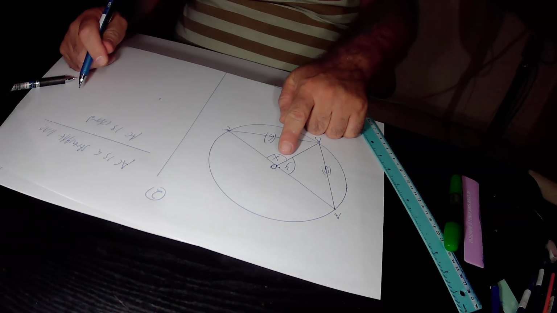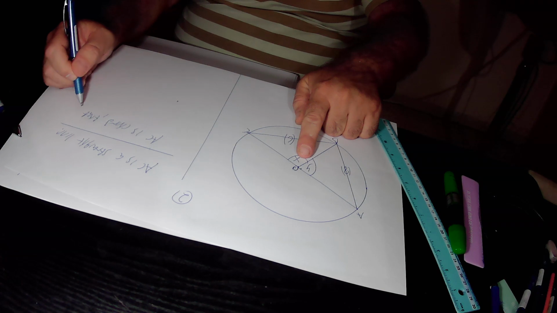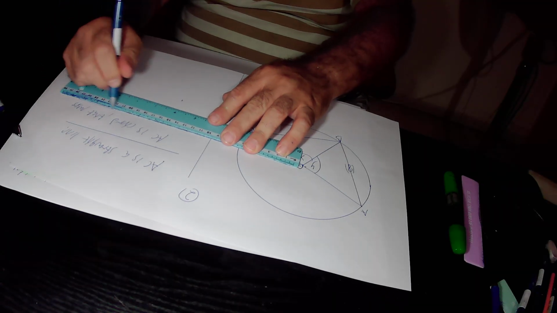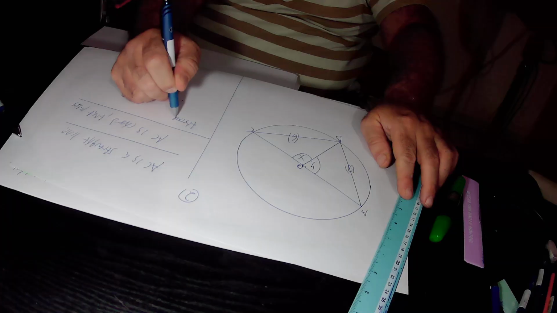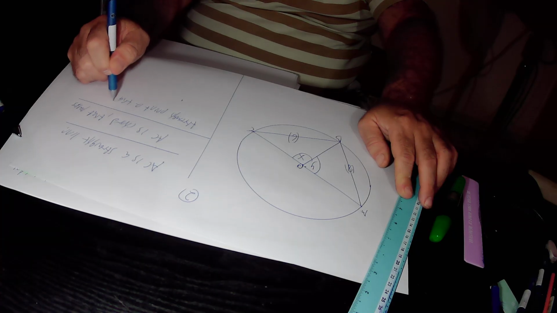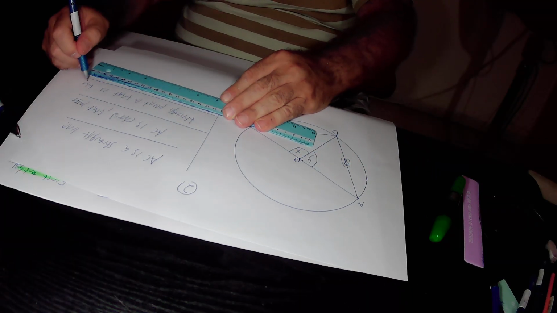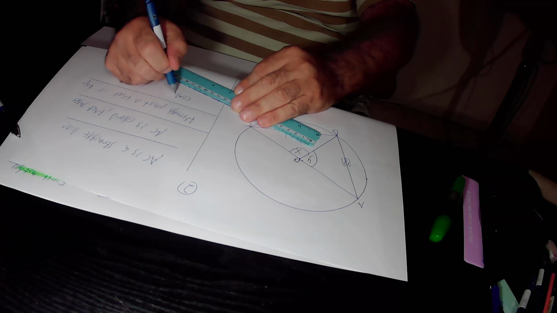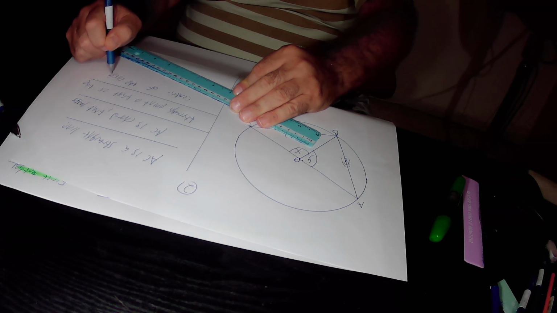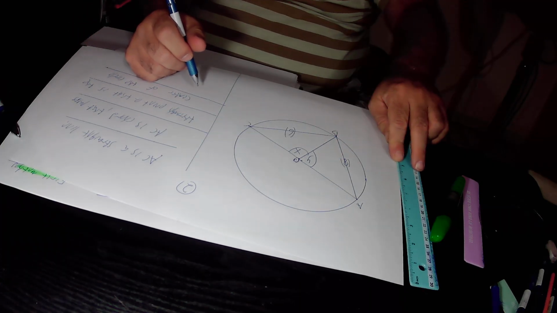that passes through point O, that is the center of the circle, and we know that any chord that passes through the center of the circle is the diameter of the circle.